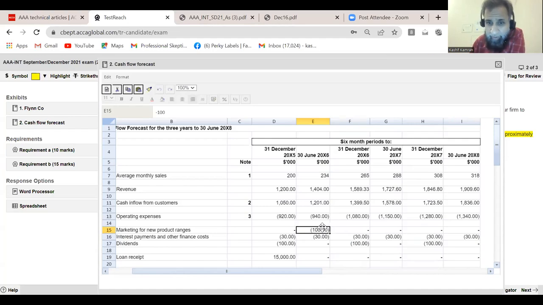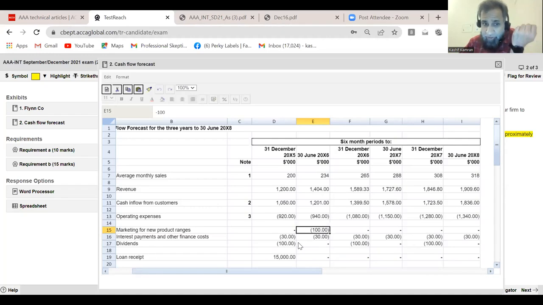So the marketing expense is just $100,000, and with that they're increasing the sales. So can you see there is visible evidence of an understatement of the outflows and overstatement of the inflows? The inflows are overstated. The outflows are understated. So you can comment on that, right? For 1 mark.